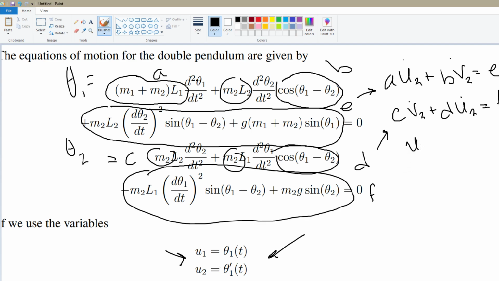So we have U2 is equal to theta 1 dot, and V2 is equal to theta 2 dot.